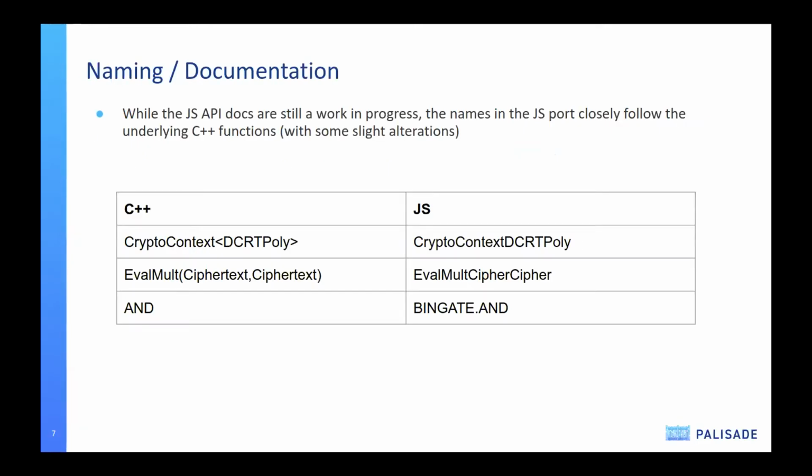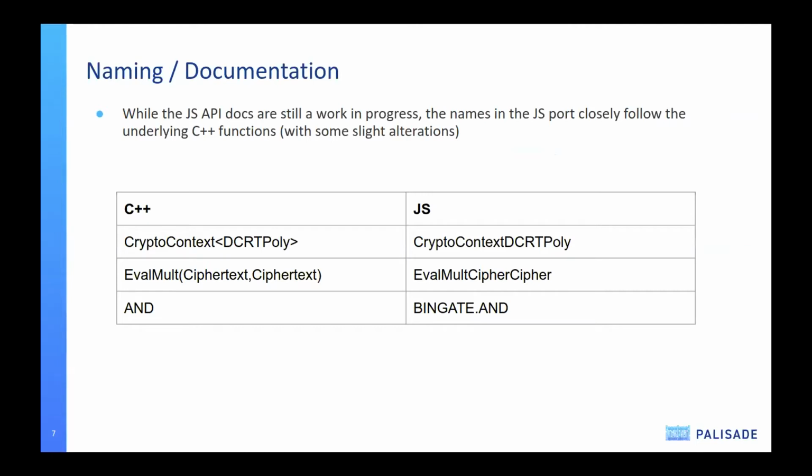So in terms of naming, there are some naming conventions in C++ that just don't translate quite to JavaScript. For example, templates don't exist because they're a compile time structure. So for these special cases, the namings have been changed, but as you can see, it's pretty self-explanatory. And some of the methods like eval_mult have a bunch of overloads.